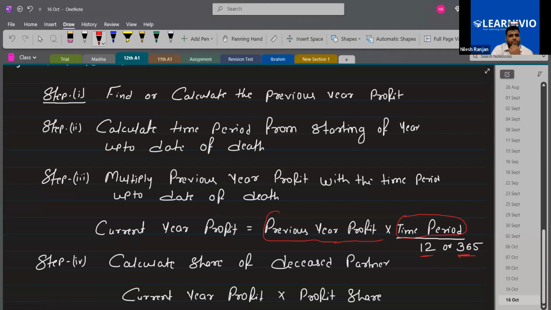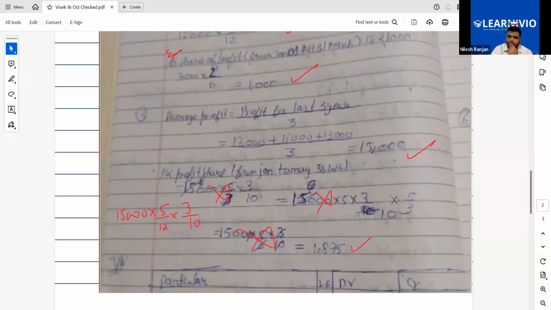So in this case, you have used 5 by 3. Just calculate it first. 15,000 into 5 by 3 into 3 by 10. Calculate it.